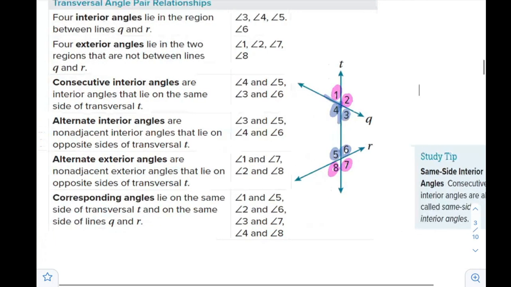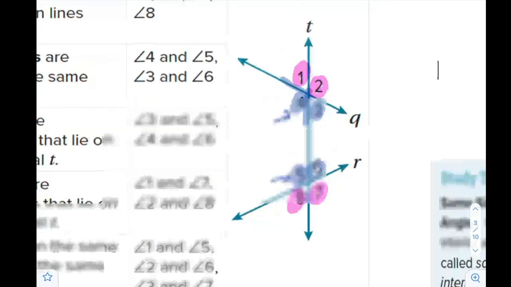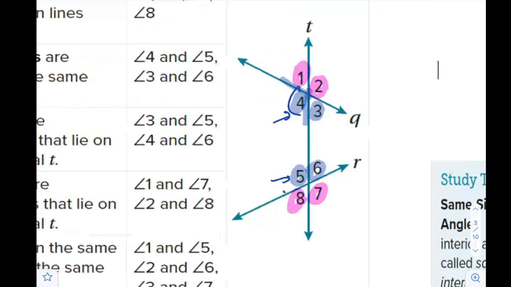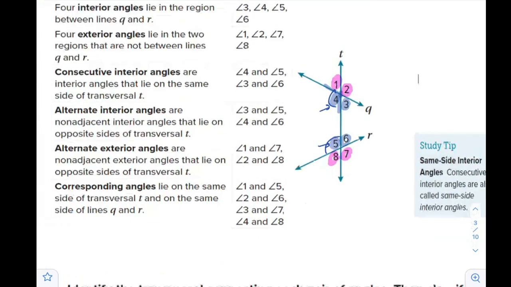As you see here, for the interior angles 4 and 5, they come after each other and on the same side of the transversal. To the left of the transversal, both are interior and on the same side. So we can call them consecutive interior angles. Another way of naming it, we can say they are called same side interior angles.